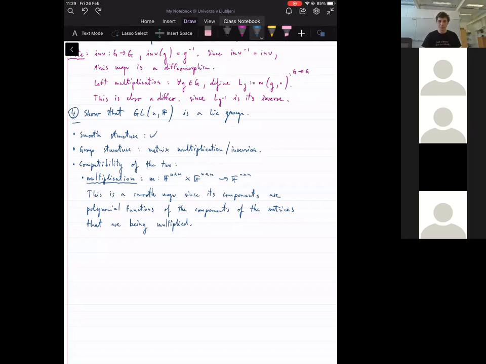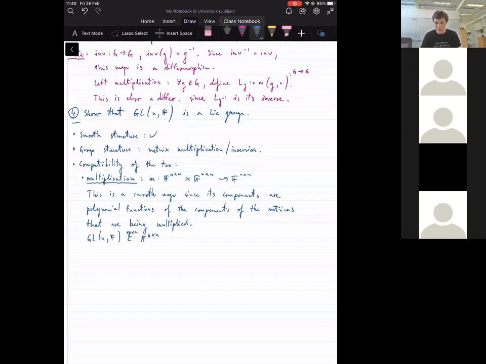Okay, so GL_n(F) is open, right? That's probably what you were referring to. Yes, it's open. So GL_n(F) is open in the set of n times n F matrices.